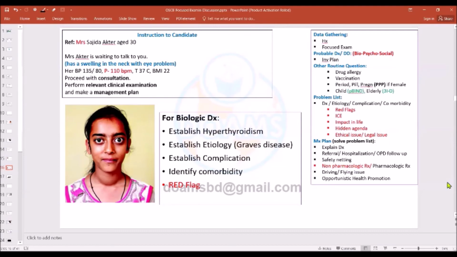For example, actually, you need some signs, what we discussed before, from hand up to the leg. Some sign to diagnose hyperthyroidism. Some sign to diagnose Graves' disease. Some sign to say there are these complications. Some sign to say there are comorbidity.